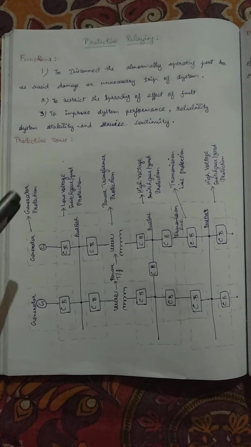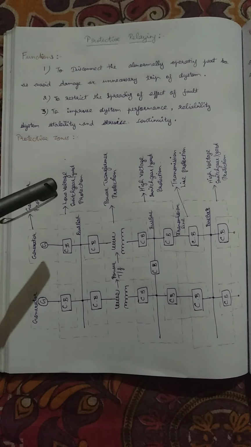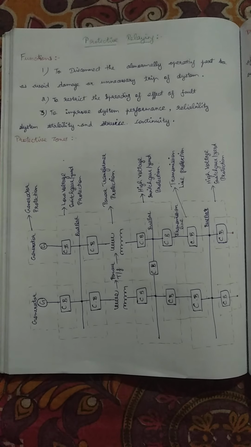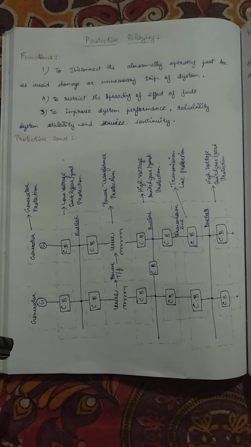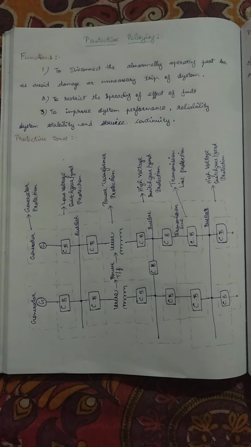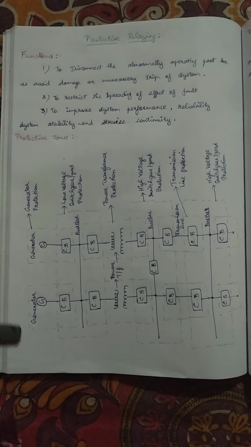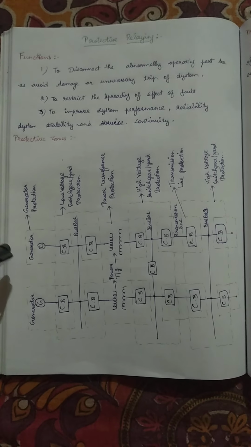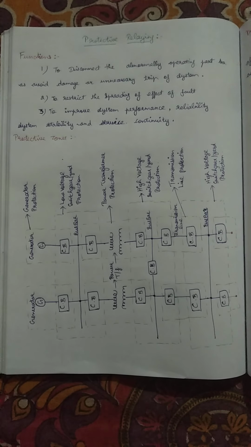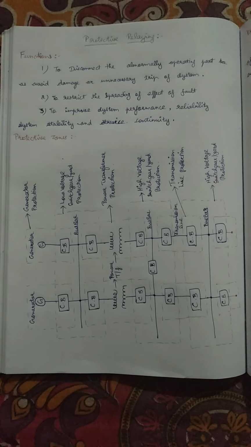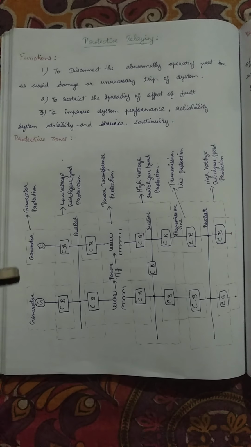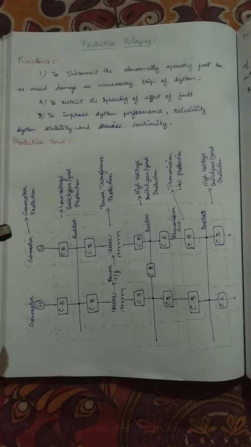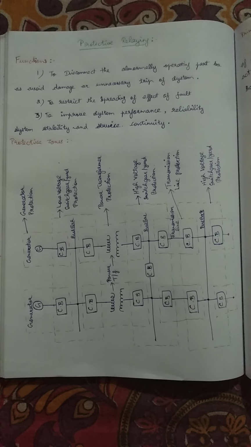So normally the relays are used in various areas according to the locations. The relay naming will change, and the relay functioning also changes. For overvoltage we use overvoltage relays, and undervoltage relays, then overcurrent, earth fault, restricted earth fault, surge earth fault, then differential.